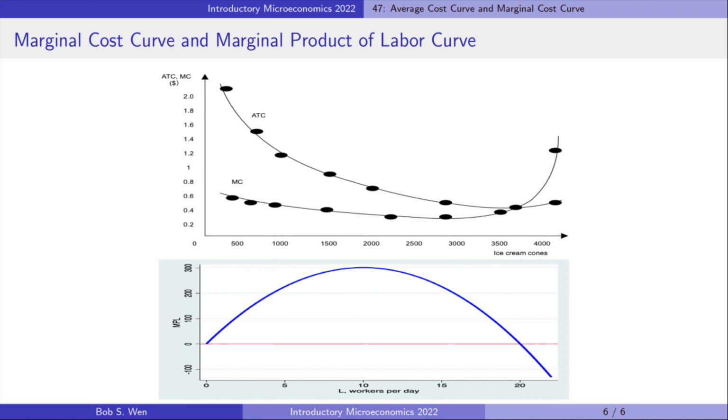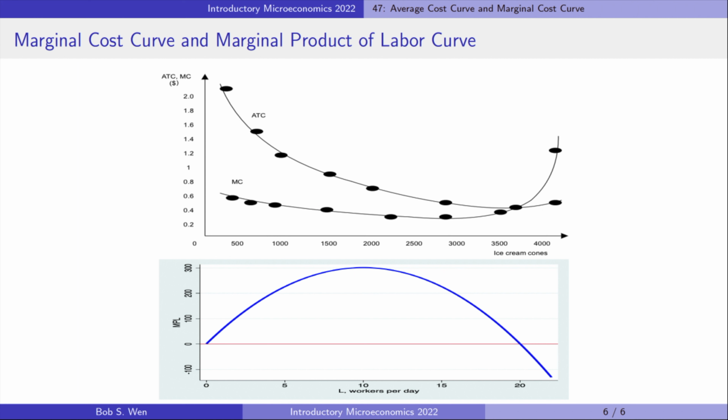Since the cost of labor is the wage which we assume is constant, the additional cost associated with an additional unit of output will be decreasing. That is, the marginal cost is decreasing in this region. In other words, when the marginal cost of output decreases, the marginal product of labor increases.